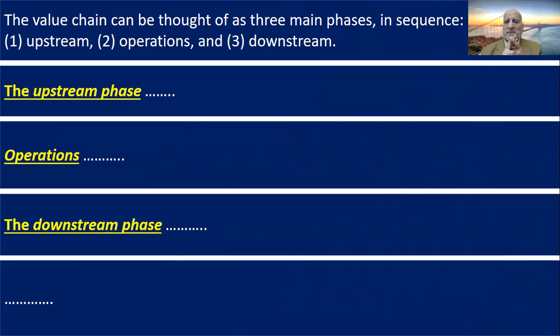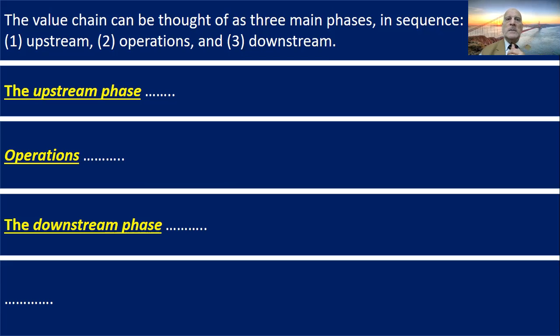And phase number 3, downstream. The upstream phase includes product development and the firm's linkages with suppliers to supply materials and parts.